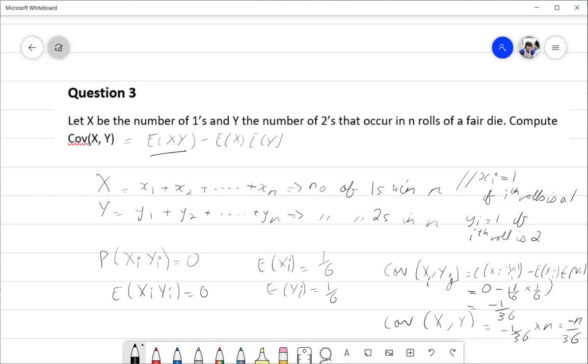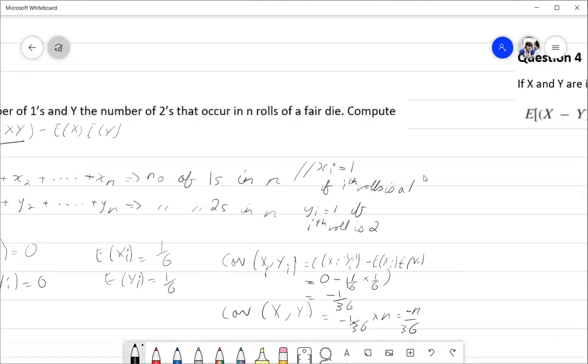But if I have to denote them separately, like E of Xi calculated separately and E of Yi calculated separately, then there will be an expected value associated to it, and that is 1 upon 6, right? So in this case, please be careful of the notations. It will still be sort of Xi and Yi, right? Just be careful of that. Again, if there's any confusion, we can go over this in my office hours. So I'm going to move on to the next question.